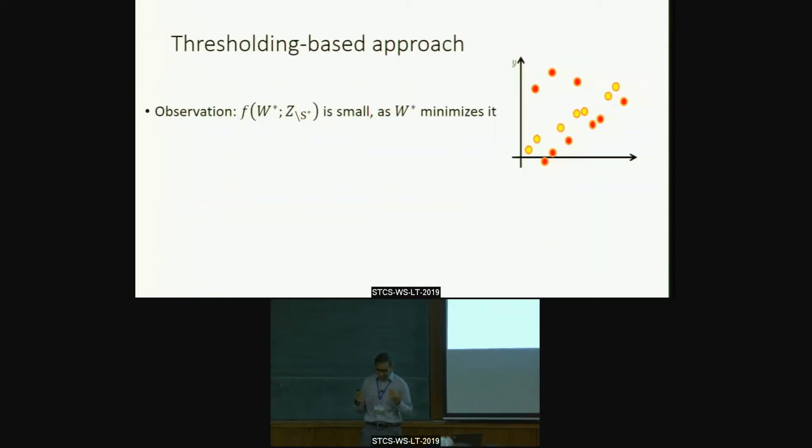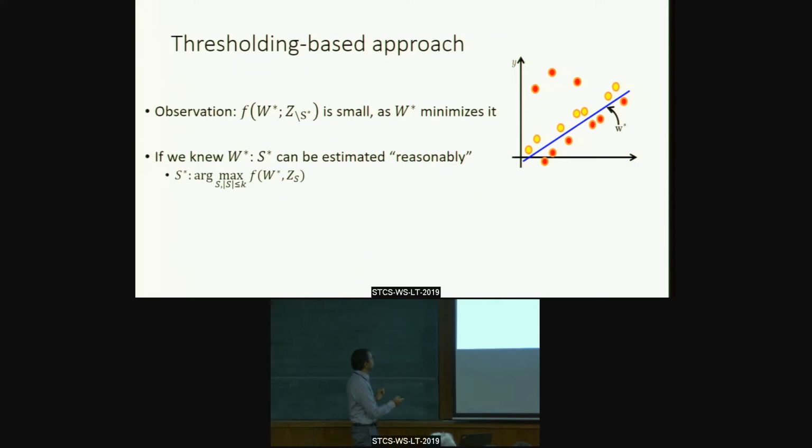Now, in this line of work, the technology or philosophy that we are following is based on a very simple thresholding idea. The observation is that if you knew the outliers and the inliers, and you compute your W star based on those inliers, then the resulting objective function value is small for each of those inliers. So this is one simple observation. Now the approach is extremely simple.